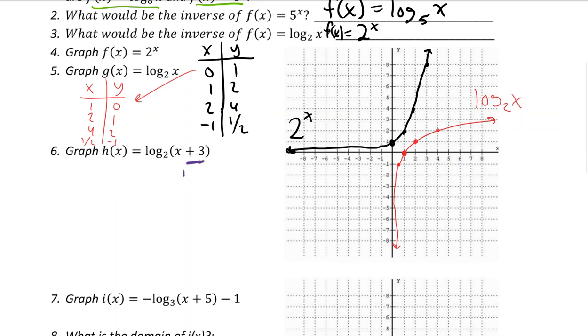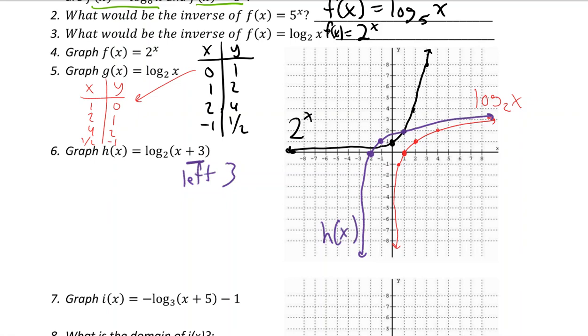If you add 3 to x, that's just going to shift the whole thing left 3. Shifting up and down the same, reflections are the same, everything's the same.